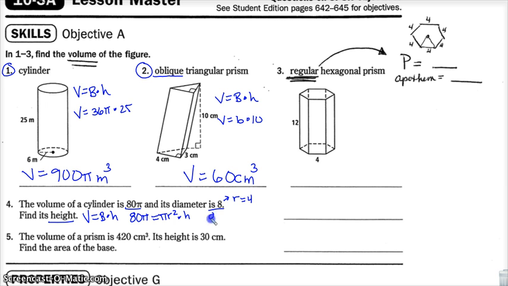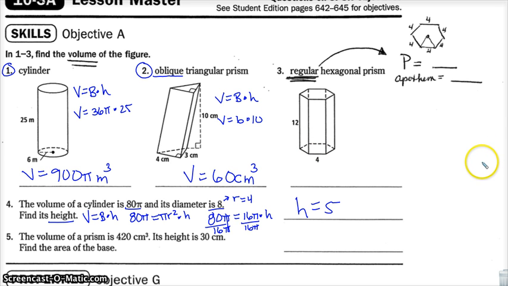So let's rewrite this once again. 80 pi equals 16 pi times the height. In order to solve for height, let me divide both sides by 16 pi. The pi's cancel, and 80 divided by 16 gives me a grand total of 5.